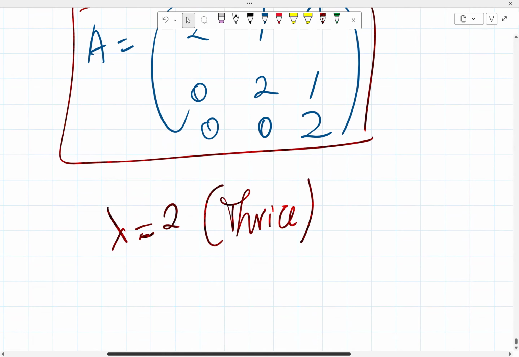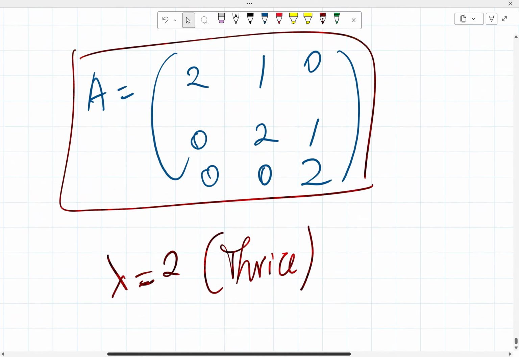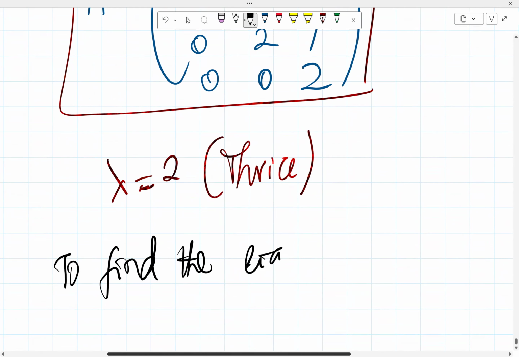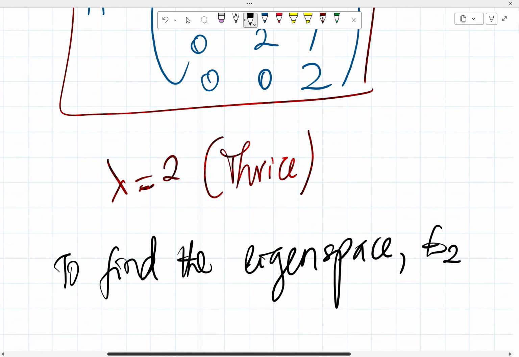In that case, it means we are going to get just one eigenspace. To find the eigenspace, the only eigenspace we have here is E2, because all the lambdas are the same.